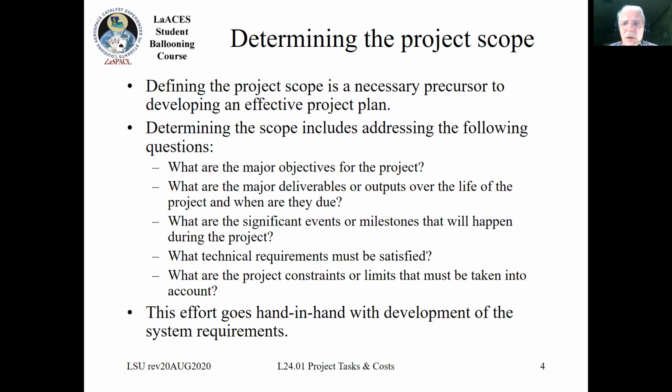What are your science requirements? Okay, what constraints or limits are there on your project that have to be taken into account? Do you have a finite cost associated with it? We've already identified that your time is constrained. There might be other ones too. So this effort goes hand in hand with the development of your system requirements.